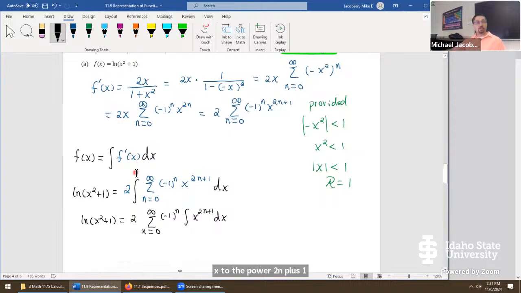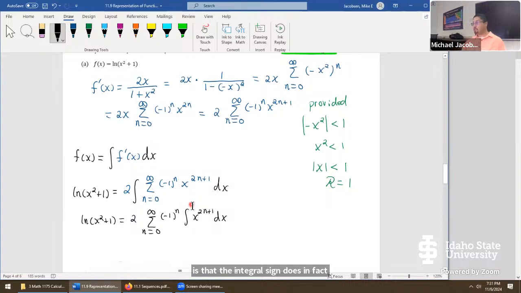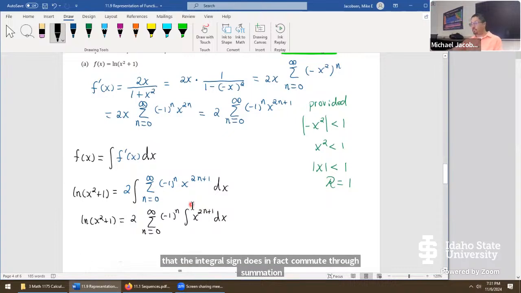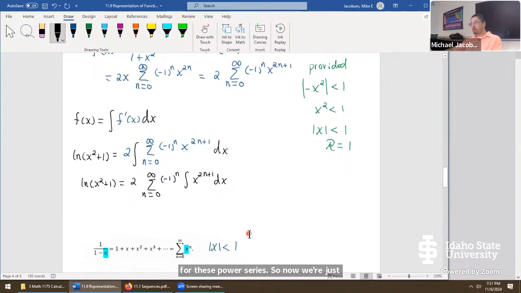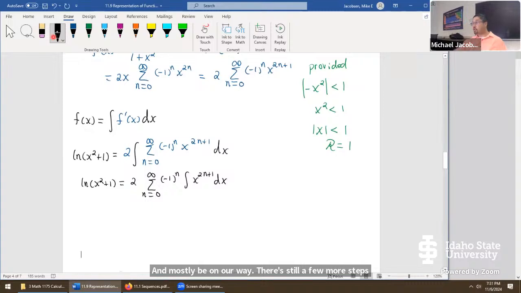So again, the major issue with that theorem we were looking at above is that the integral sign does in fact commute through summation for these power series. So now we're just going to take that antiderivative and mostly be on our way. There's still a few more steps we have to resolve. Any questions at all, folks, to this stage though?